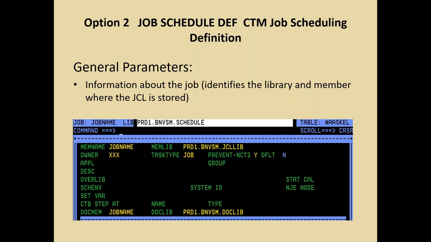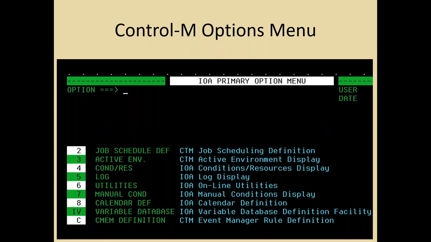Try to concentrate on the first line, which says your library as prd1.bnvsm.schedule. At the right corner you can see the table as #AA SKEL. So we are in option 2, job schedule definition.